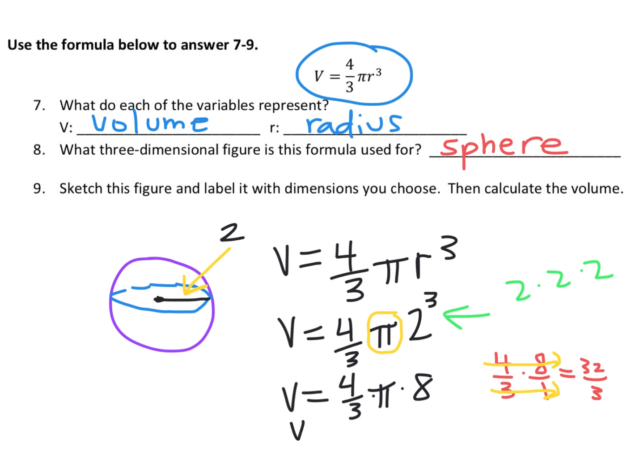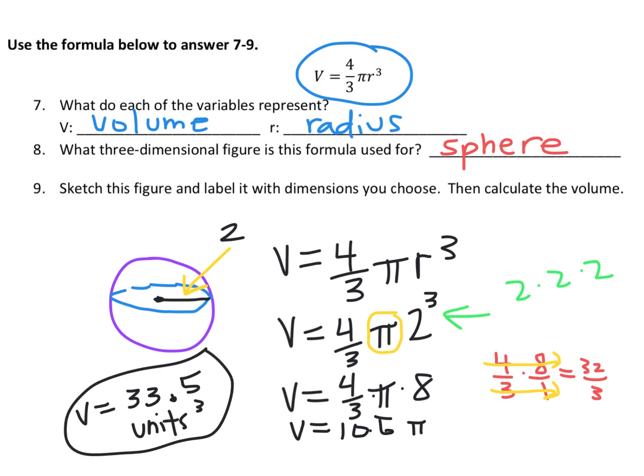So we can say V equals 10.6 repeating, and then times pi. You can either use 3.14 for pi, or you can use the pi key. So I get about 35.5 units cubed. Okay, again, that's because I chose the radius of 2.